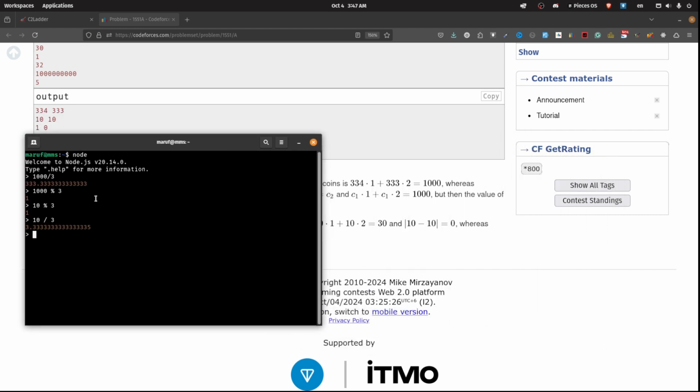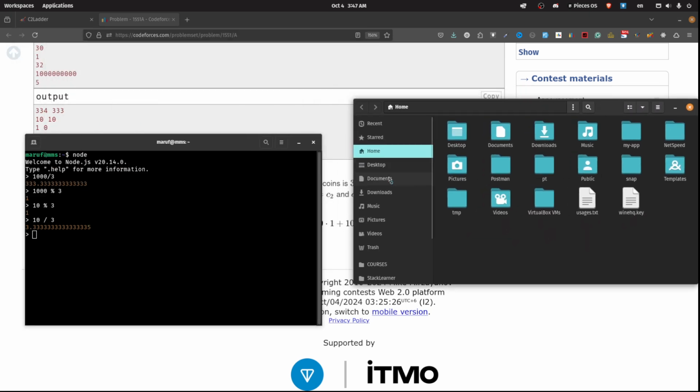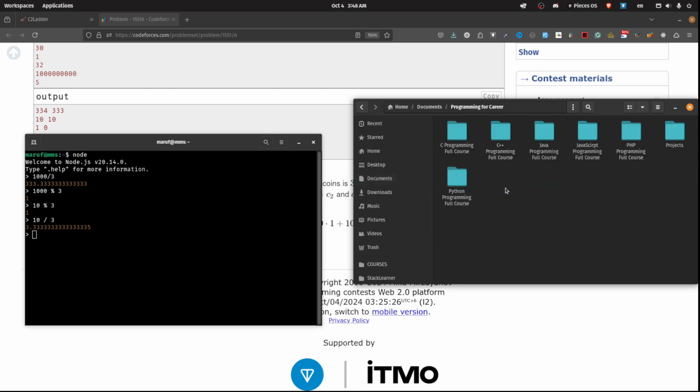Okay, let's take the initial setup, then I will get back to it again. So documents, then Codeforces 800.